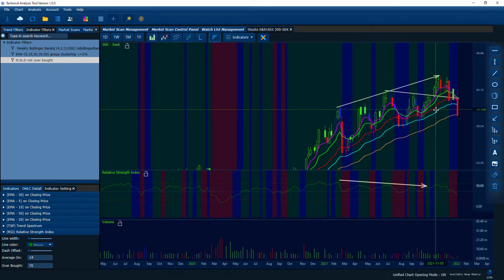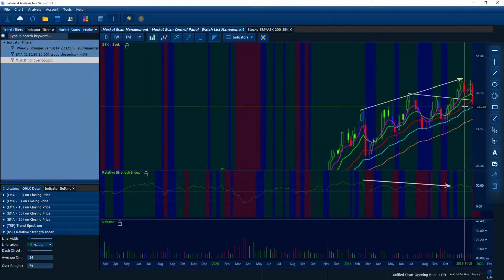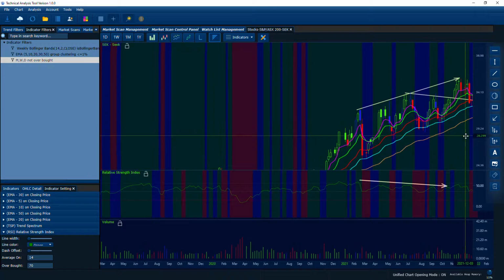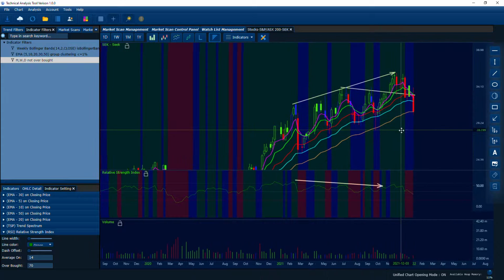And when your share price breaks down like this week, you need to close your position, because that's a fake breakup of that level. You broke up, but you closed back under that support level, which probably means it's a bull trap. So you need to close your positions.